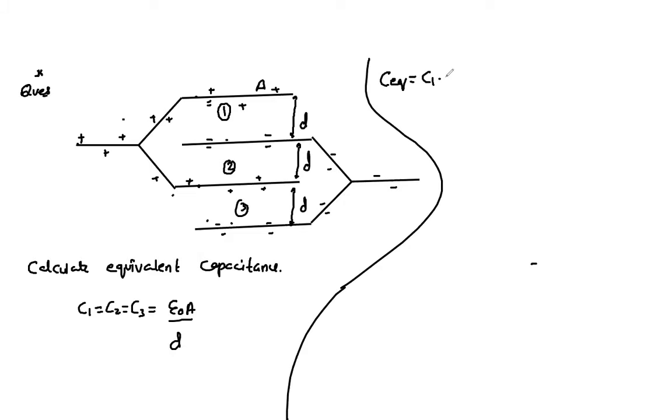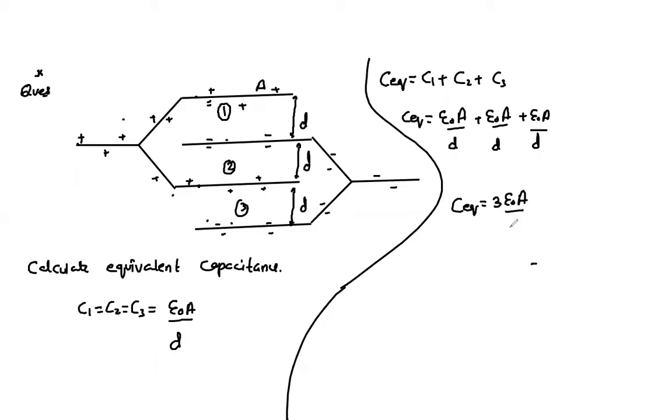C equivalent is the sum of C1, C2 and C3. C equivalent is epsilon naught A by D plus epsilon naught A by D plus epsilon naught A by D. So here C equivalent is 3 epsilon naught A by D. This is the equivalent capacitance of the system.